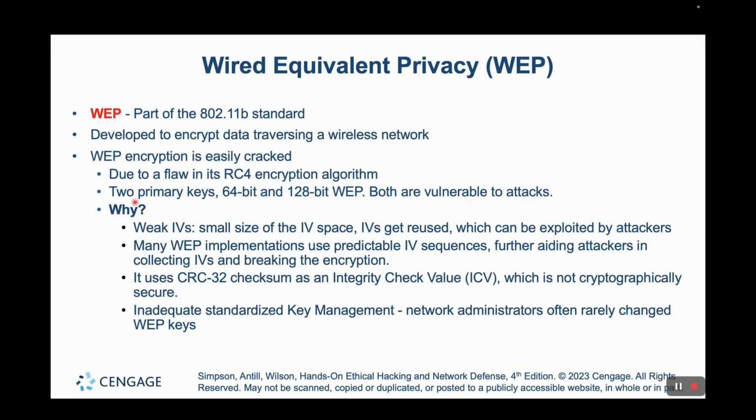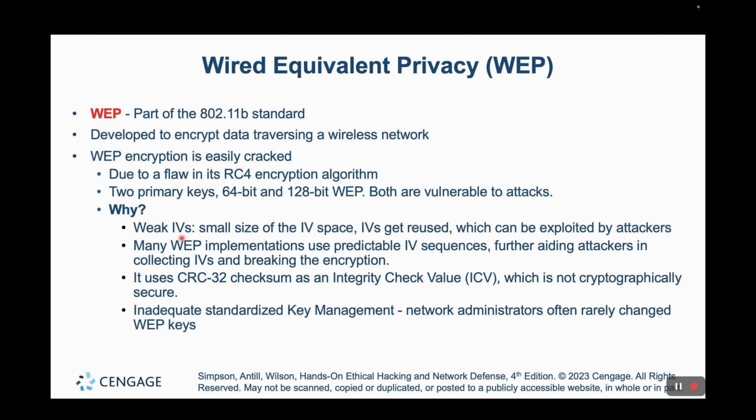Now, it is easy to crack. In fact, I've done it before in a testing environment. I was able to crack the WEP key easily using Aircrack in Kali Linux, due to the fact that it uses weak IVs.